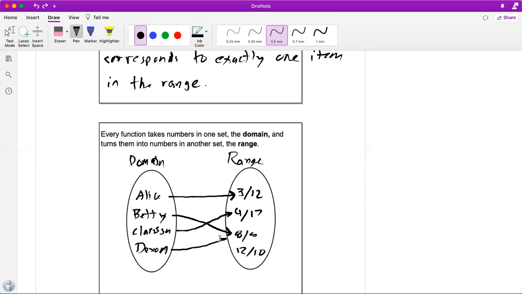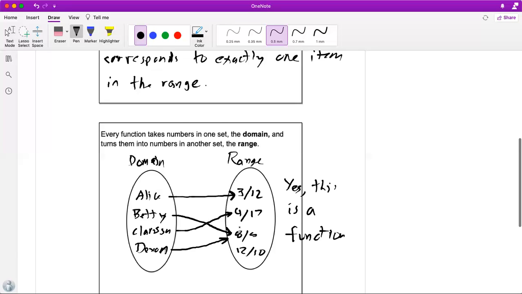She would also connect here. And the question is, is this still a function? And the answer is yes, this is a function. If you go back and look at the definition, it's very specific that you can't have two arrows coming out of one domain item, but you can have two arrows going to the same range item. That's fine.